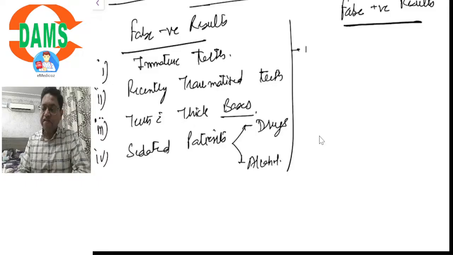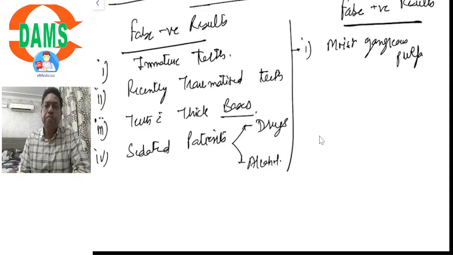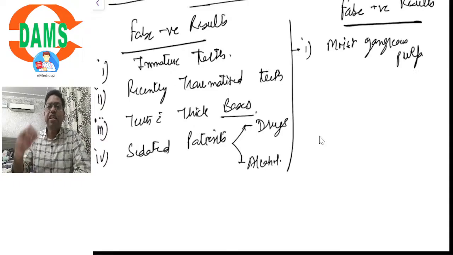False positive results can happen in cases of moist gangrenous pulpitis or moist gangrenous pulp. The pulp is degenerative and necrotic, but it is a moist gangrenous pulp containing electrolytes and salts. So the current is conducted to the healthy periapical tissues and the patient reports pain, and we assume the pulp to be vital.